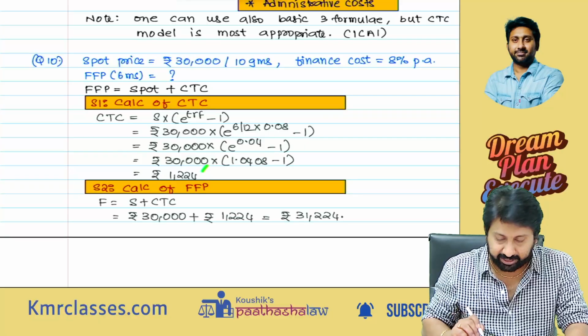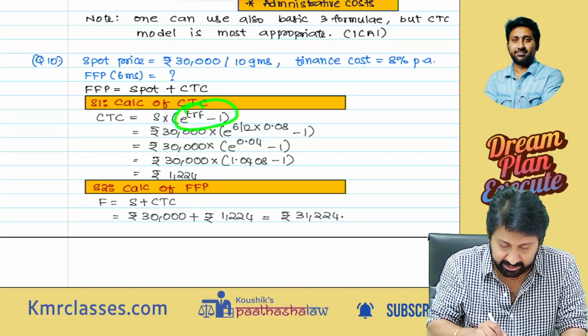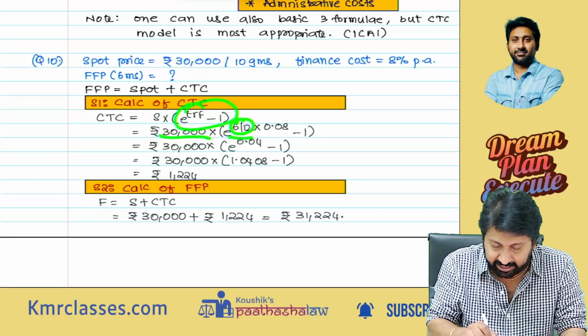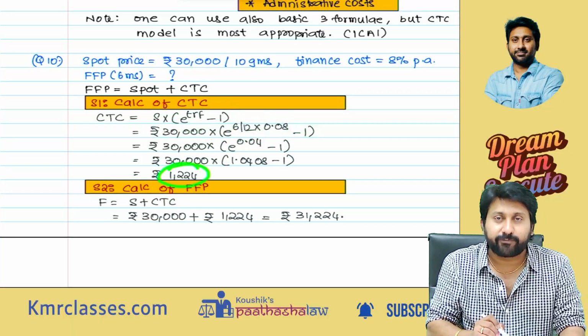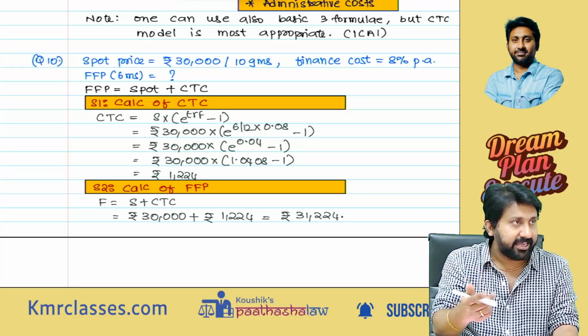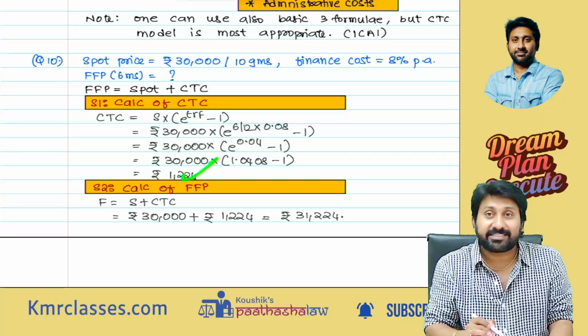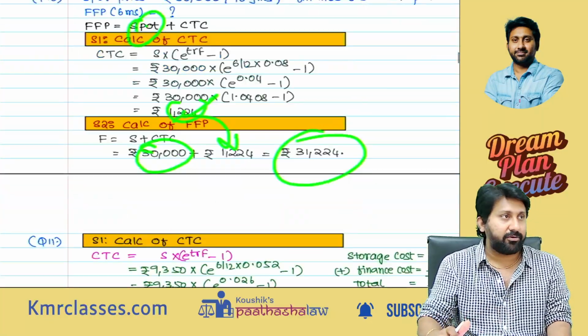That one you need to take here. Are you understanding? See, S into e power T into RF minus 1. Okay, you got 1,224. 1,224 is the value that you will get for CTC. S already given 30,000. Plus you need to add this. You will get the value.